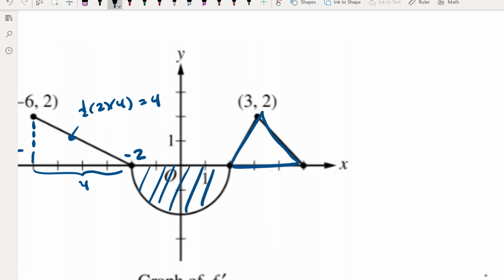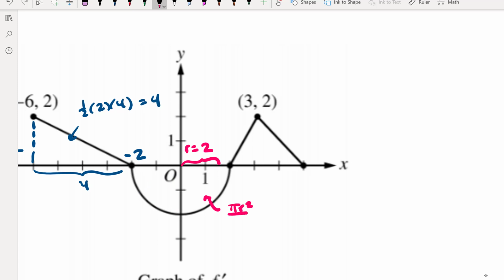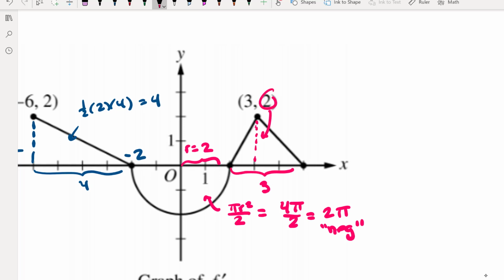Okay, so for the semicircle, we have a radius of 2. So this is going to be pi r squared over 2 because it's a semicircle. So it's 4 pi over 2, which is 2 pi. Keep in mind, because it's below the x-axis, it's going to be negative, not positive. The height here is 2, and the base here is 3. So we get the area is equal to 1/2 times 2 times 3, which is a nice 3.